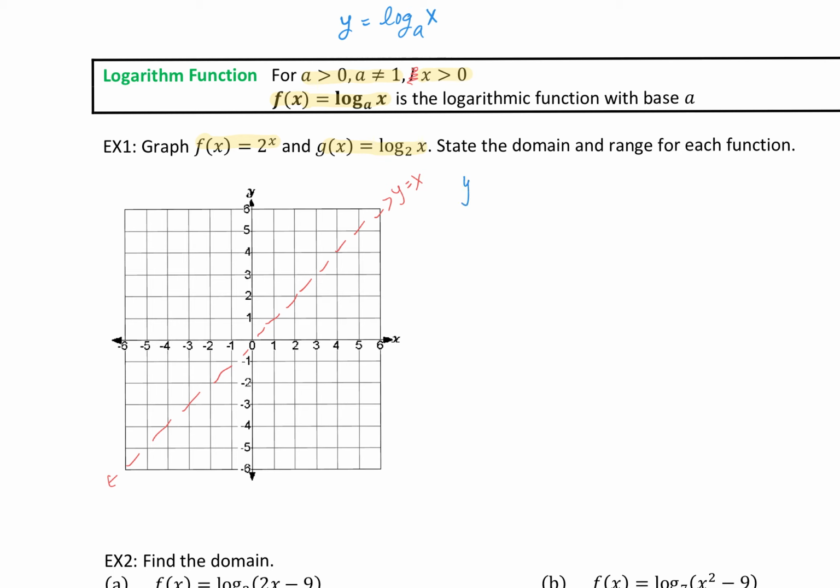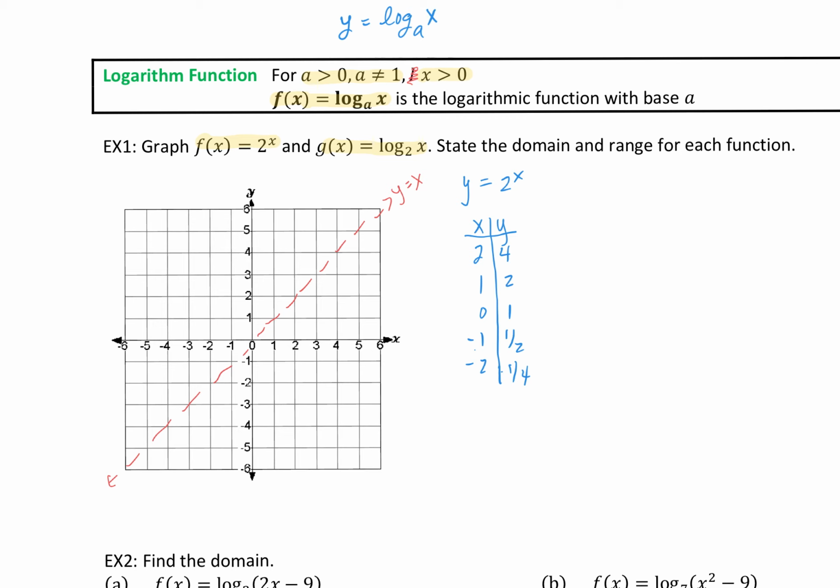So I'm going to replace the f of x with y equal to 2 to the x and graph that exponential function. I'm going to do what I did in the previous section. I'm just going to put in 2, 1, 0, negative 1, negative 2 for my x values. So 2 squared is 4, 2 to the 1 is 2, 2 to the 0 is 1. Then I have 1 half and 1 fourth.